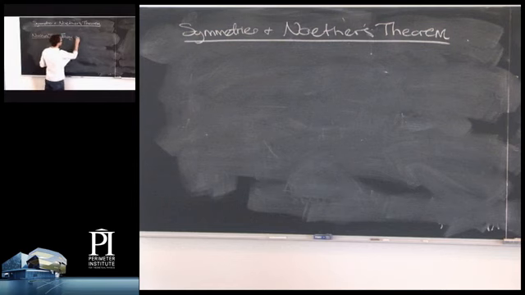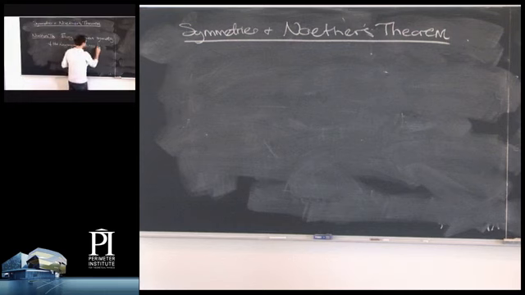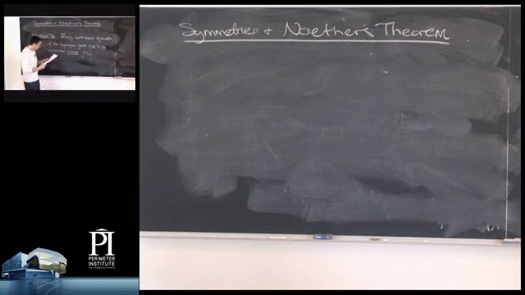It's that every continuous symmetry of the Lagrangian gives rise to a conserved current. Okay, so in particle mechanics, this would be a conserved quantity. Here it's slightly different. It's a conserved current.